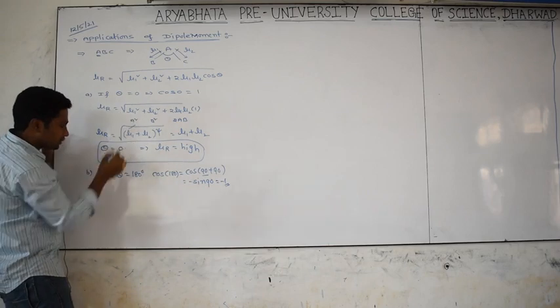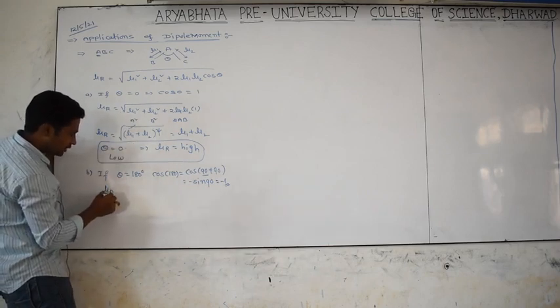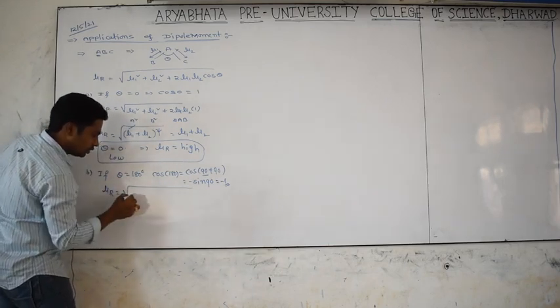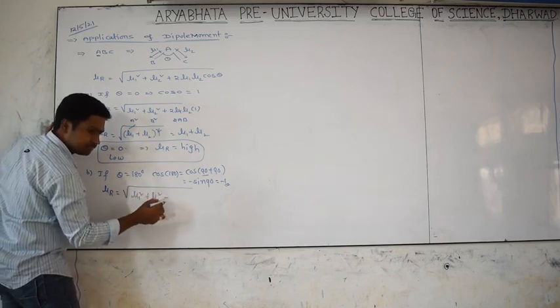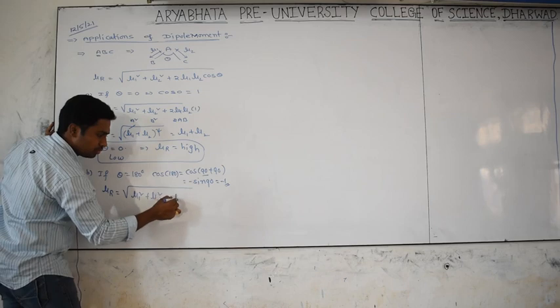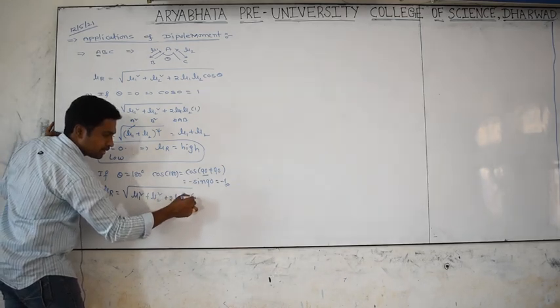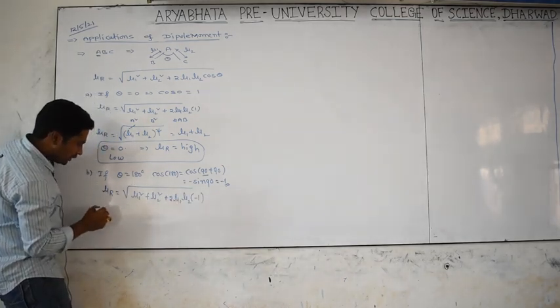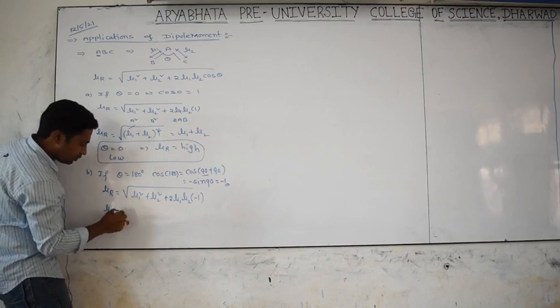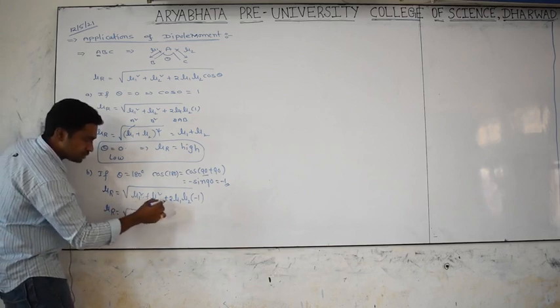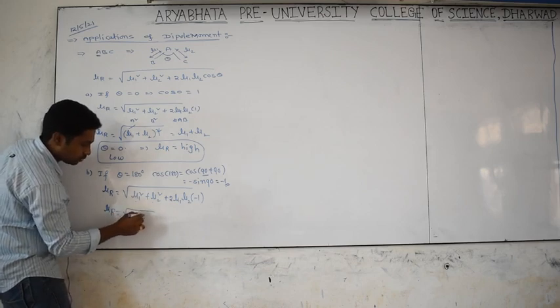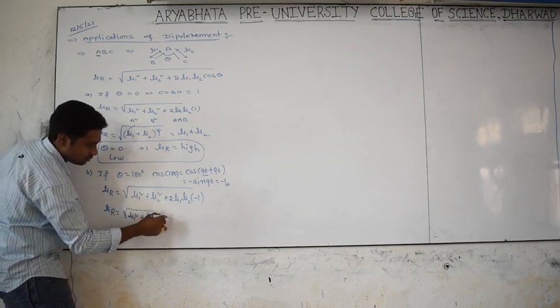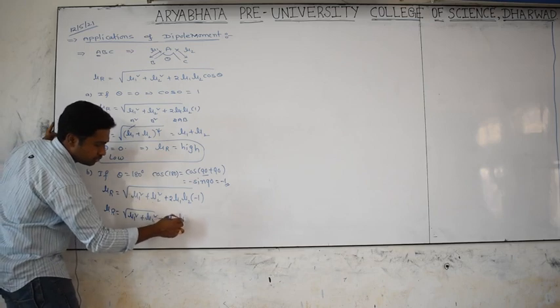Can we substitute in this resultant dipole moment formula? The resultant dipole moment is equal to the square root of mu1 square plus mu2 square plus 2 mu1 mu2 cos 180, which is minus 1. So the resultant dipole moment is a square plus b square minus 2ab. Write one more step: mu1 square plus mu2 square minus 2 mu1 mu2.